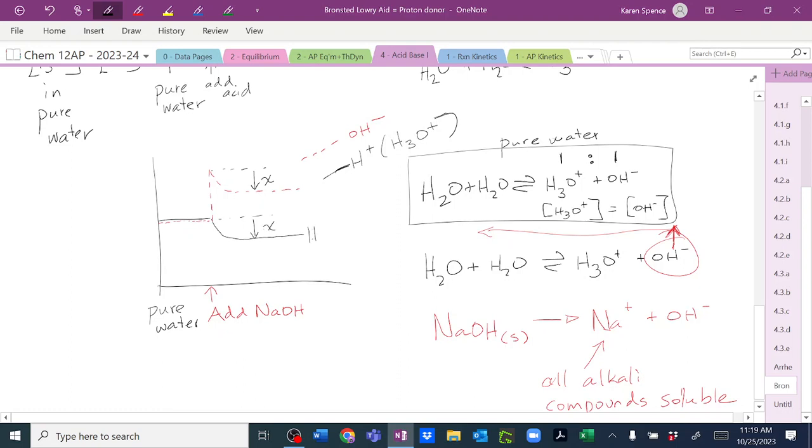So this is H plus, H3O plus, and this is OH minus. If we add a base, the hydroxide ion concentration has gone up and the hydrogen ion concentration has gone down. Is that good? Excellent.